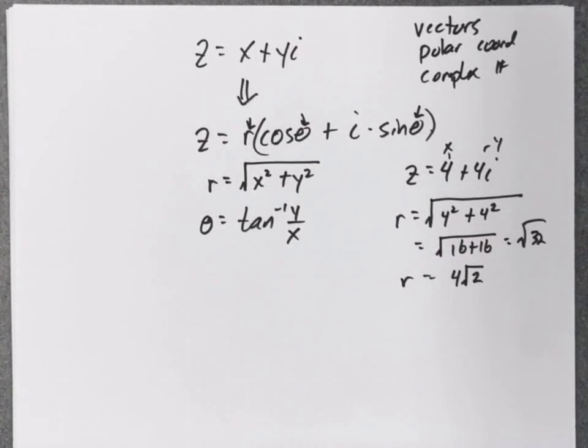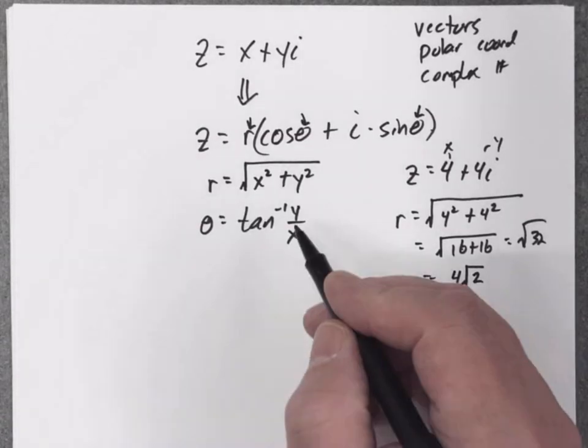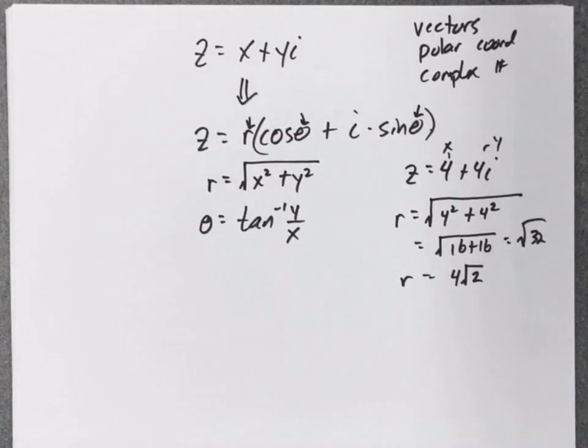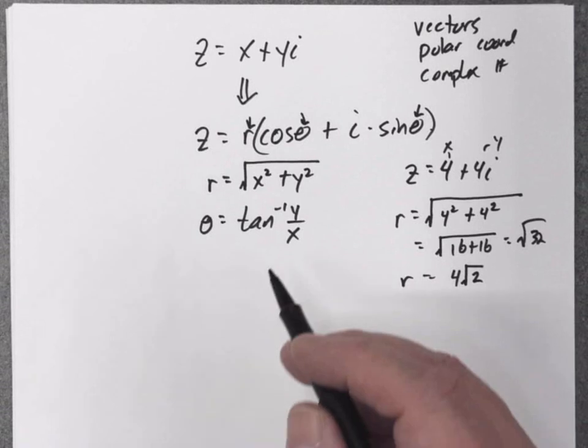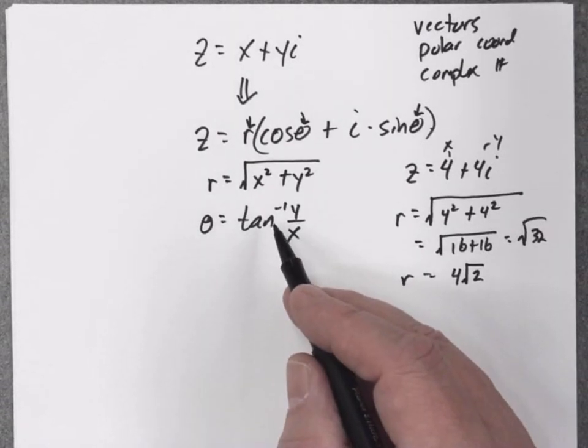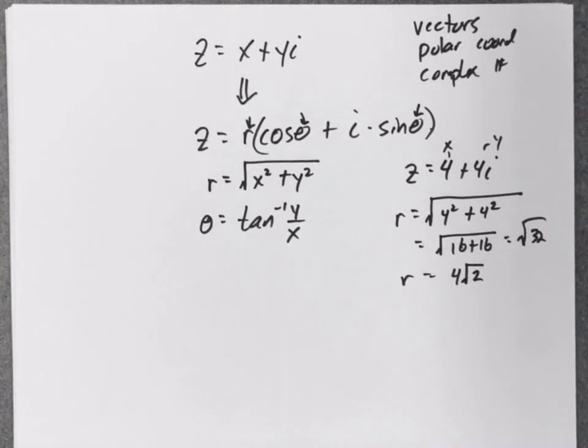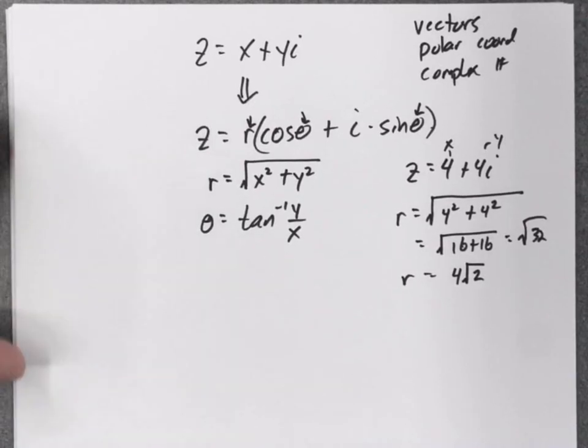Exactly the same thing as we've done before. Now in those cases, finding the angle sometimes takes a little extra work and you've got to think about it. That's because we're looking at inverse tangent, so you have to be careful what you're doing here.